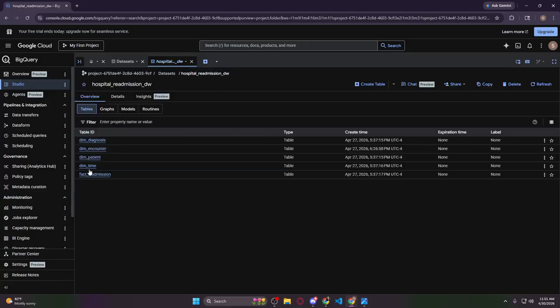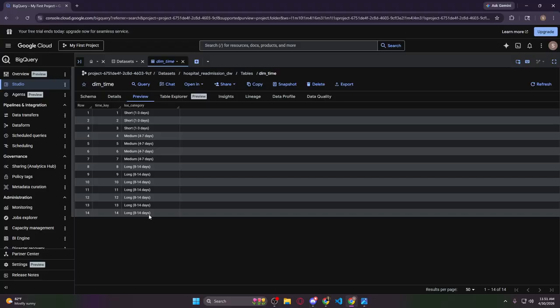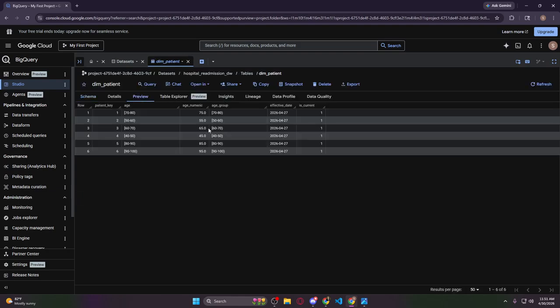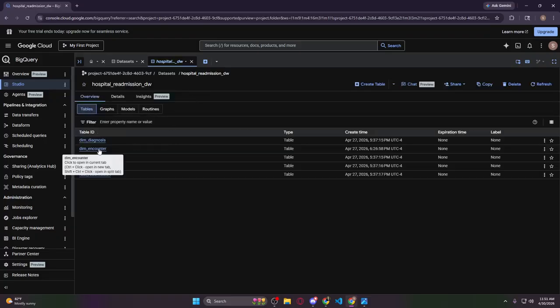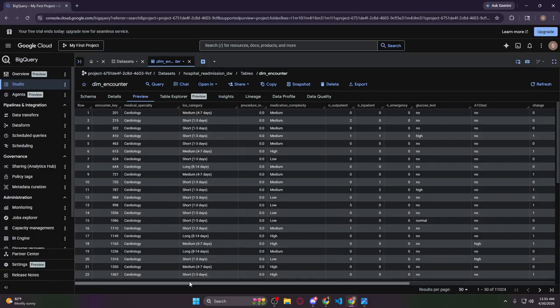I'm going to go back again and showcase what all of them look like. Originally I had time in hospital here, but ended up removing it as it was just a duplicate of the time key, which I didn't think was very useful. Then we go to patient preview. Then we have the age groups and the midpoint numeric. Then we have encounter, and this kind of has everything.